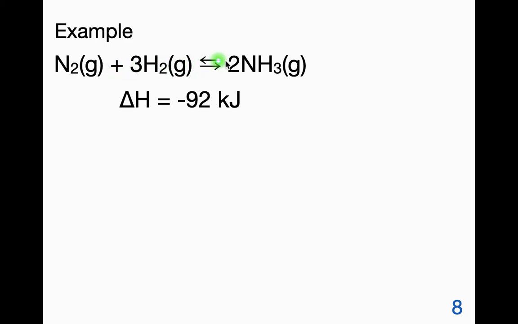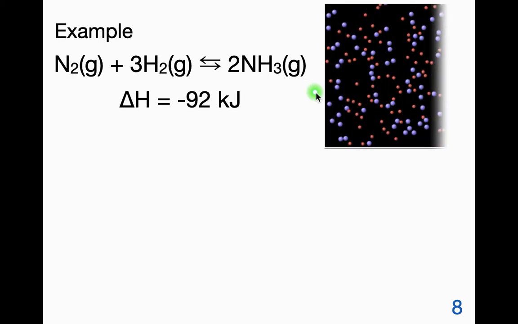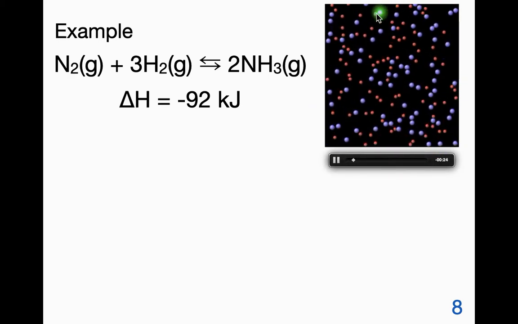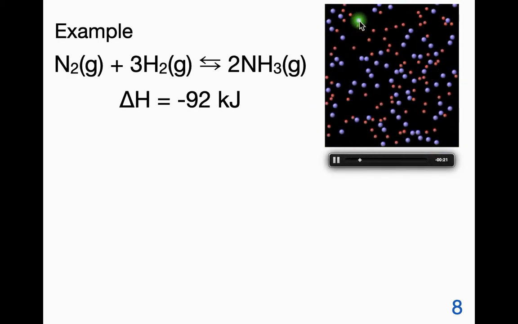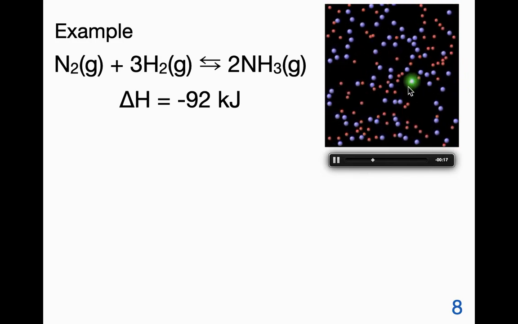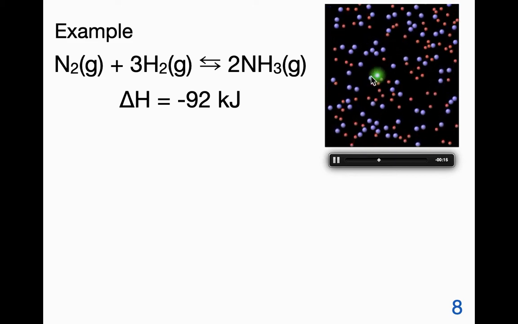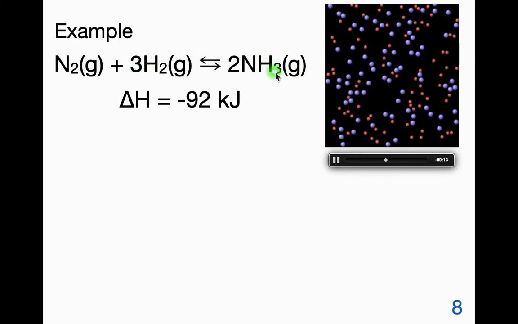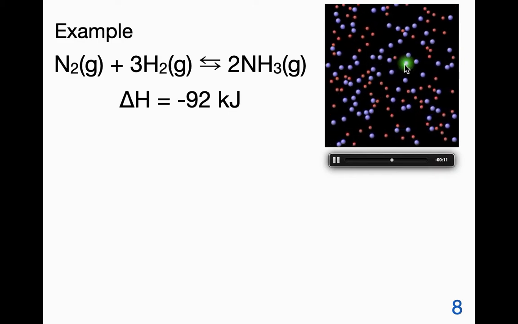Now, one thing that is important for you to understand: when we look at a chemical reaction like this, it's easy to segregate it, with the reactants on the left side and the products on the right side, like they're two different worlds almost. But in fact, the reactants and the products are all taking place within some sort of container. I wasn't able to find an animation that had 3 different colors, because you have 2 reactants and a product, but it doesn't really matter.